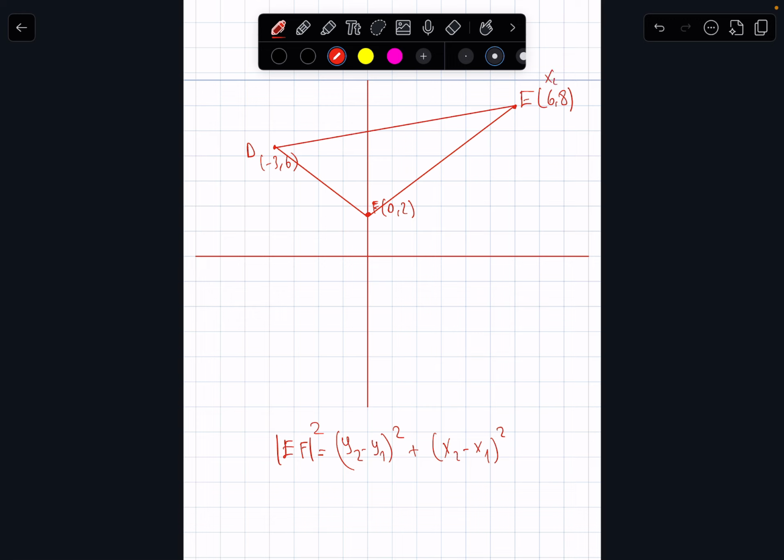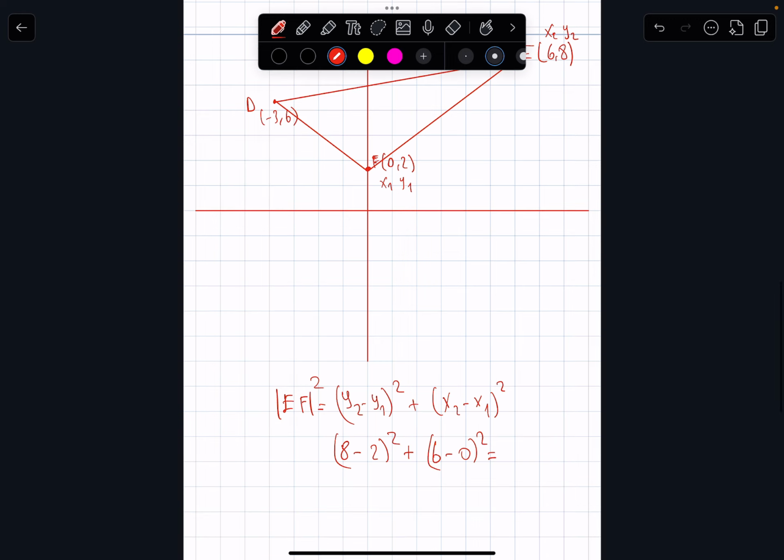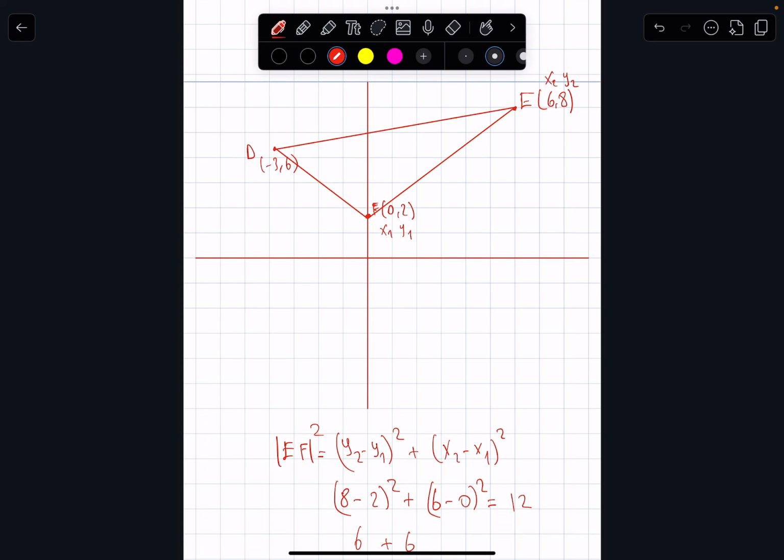So this is gonna be X2 and this is gonna be Y2. That's how I do it. And this is X1, Y1. So let's do it. 8 minus 2 square plus 6 minus 0 square is equal to what? 6 plus 6, 12. So the length of EF is going to be square root of 12.